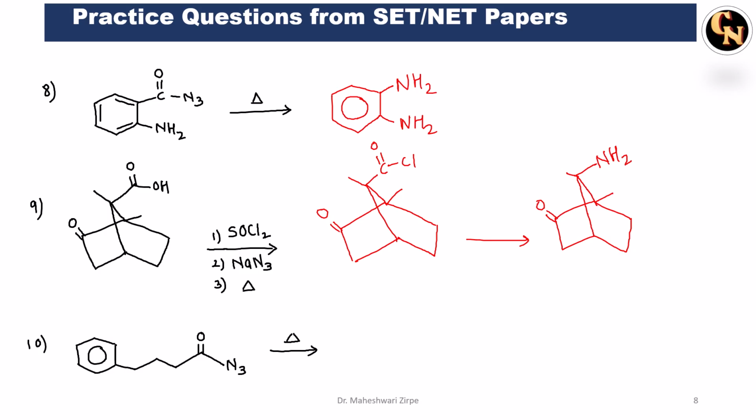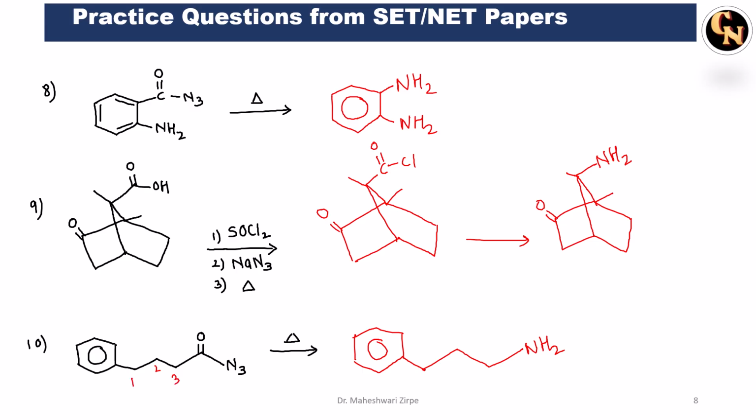Yes. Now the last one, it is again very simple, a benzene ring with 1, 2, 3, 4, and here will be NH2. So just count the number of carbons. This is your first carbon, second, third and fourth carbon.